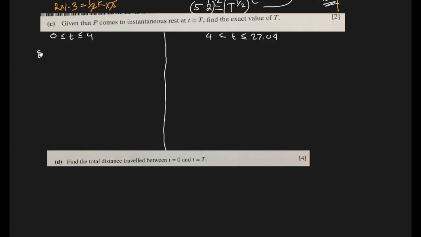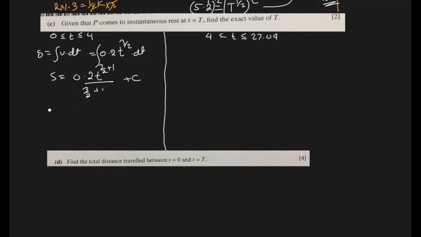Distance is S. S is integration of v dt, which was 0.2 t to the power 3 over 2 dt. So it comes out to be s is 0.2 t to the power 3 over 2 plus 1 over 3 over 2 plus 1 plus c.